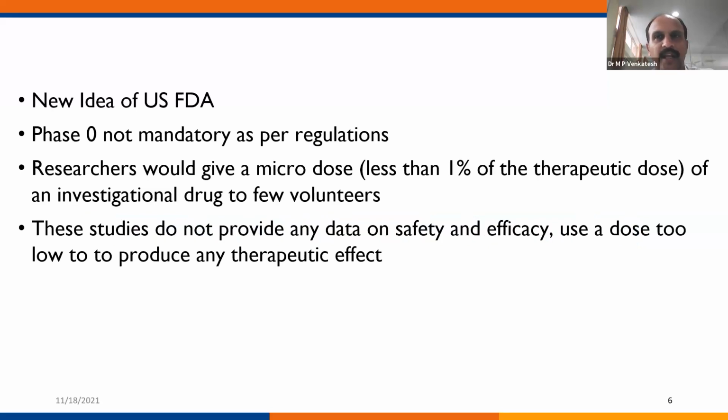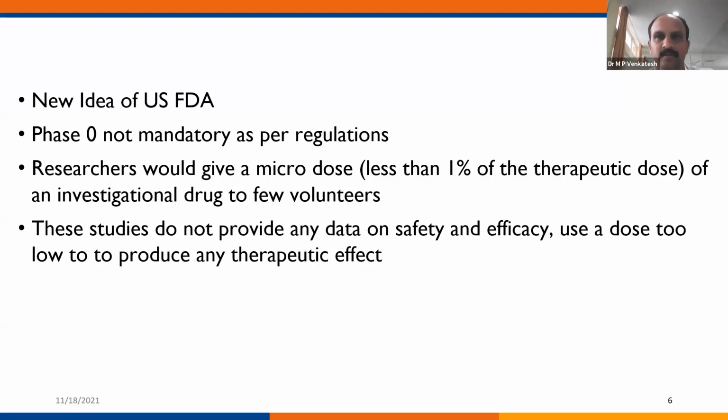This is a new idea of the US FDA, the United States Food and Drug Administration, where phase 0 studies are not a mandatory clinical trial, unlike phases 1, 2, and 3. The idea is that you give the dose at 1% of the therapeutic dose to a few volunteers, and they evaluate the safety and efficacy of the drug, to see whether a therapeutic effect has been seen or not.